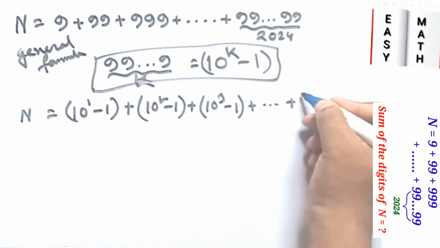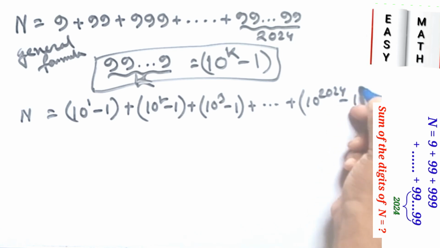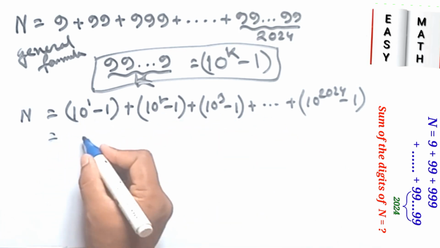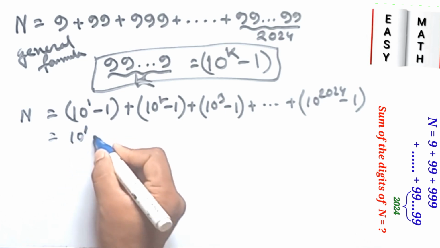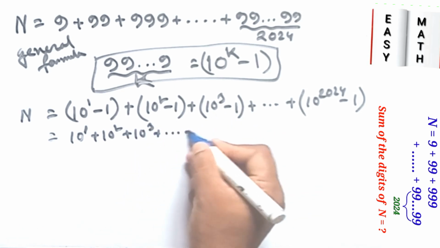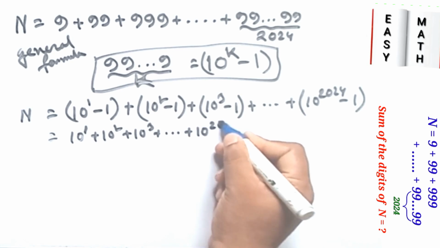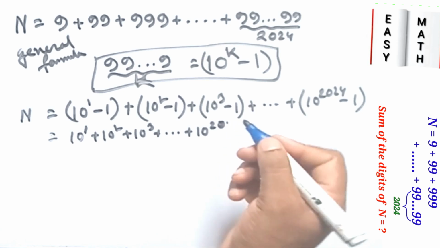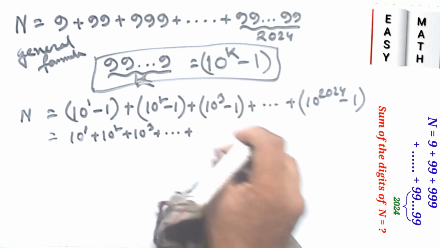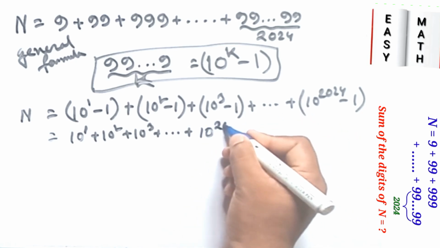And there is 24, so you can write 10 to the power 24 minus 1. Now you can write 10 to the power 1, 10 to the power 2, 10 to the power 3, and this way up to 10 to the power 2024.